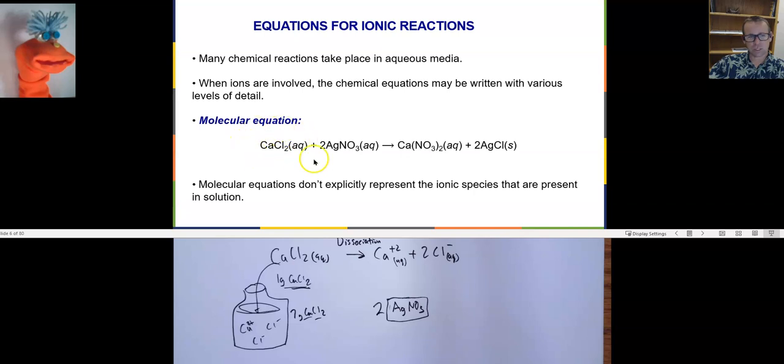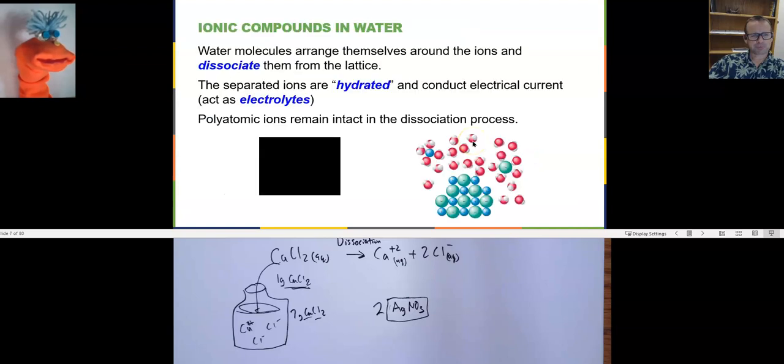An aqueous solution of this and an aqueous solution of this is combined. And in the products we have an aqueous solution, but we also have a solid in the mixture. And this solid we call a precipitate. Mixing two solutions together and getting a precipitate.